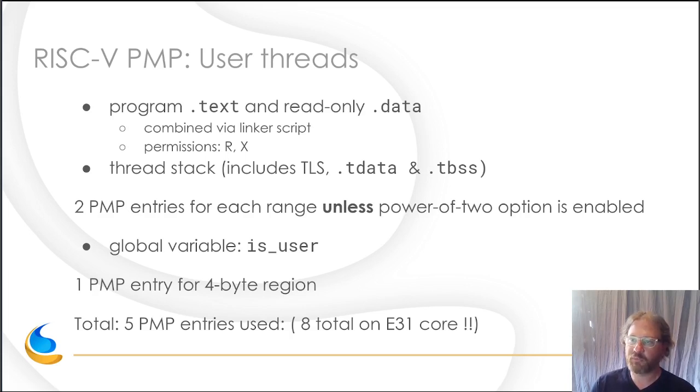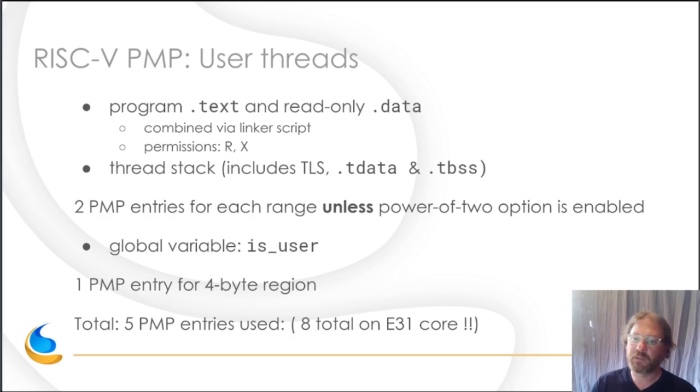So that's the first region. The second region is the thread stack that's separated from the text and data. The thread stack, which is per thread, includes the thread local storage, and threads also have their own additional thread data and BSS sections in this area.